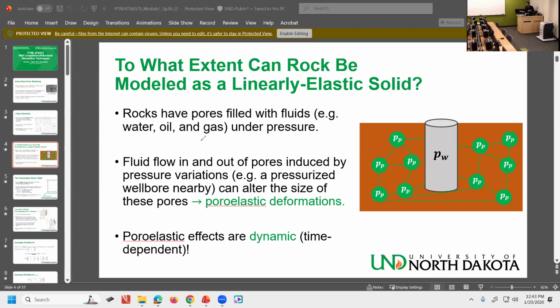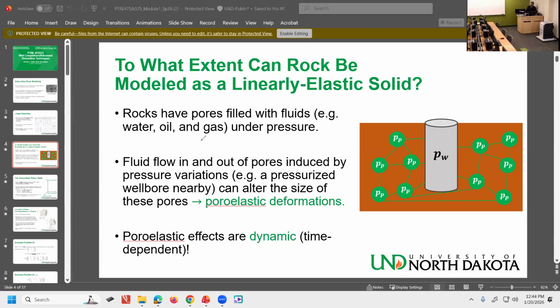Even if you try to talk to people who do computational modeling, like we have a project with Itasca Consulting Group, which is a company in Minneapolis, owned by University of Minnesota, that creates software used in geomechanics.